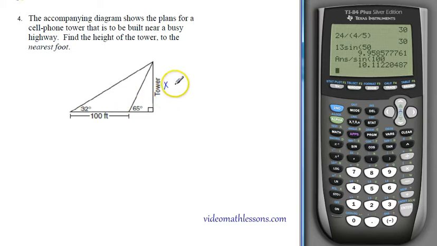So, first off, before I get going too far, I want to find all the angles. All right, so I'm going to start up here. 65, 90, I'm going to find that angle upstairs. So it's 180 minus 65 minus 90.